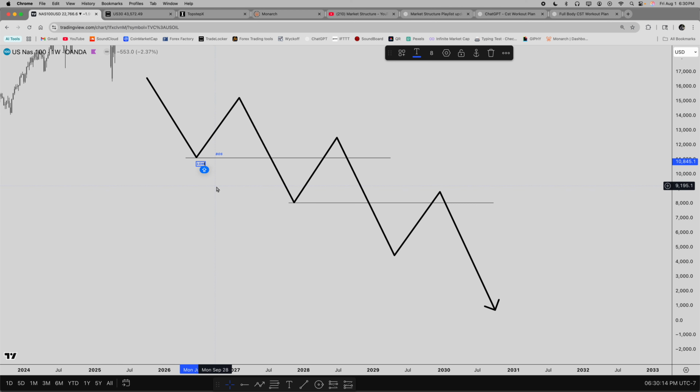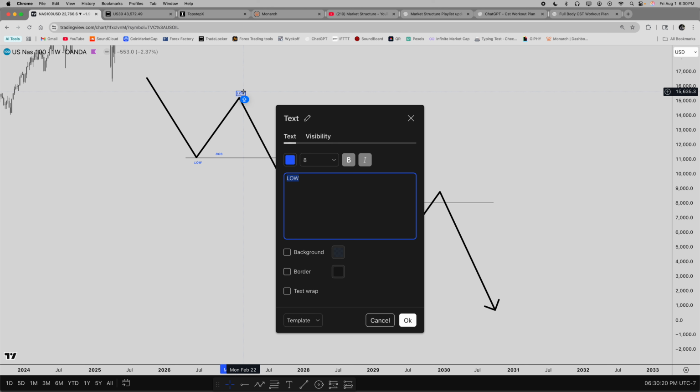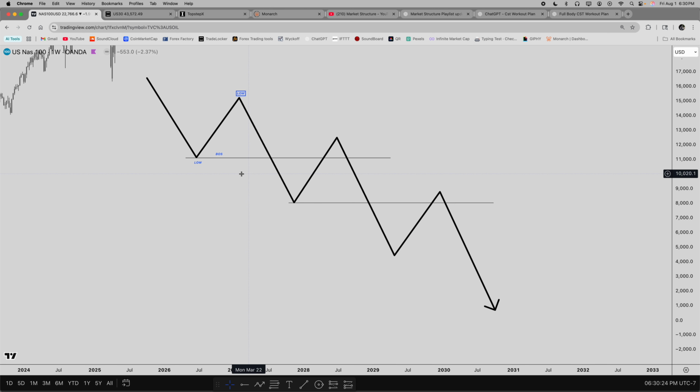We have a low, and then price makes a high, and after that we make a lower low, because this low right here is lower than this low, so it is a lower low.